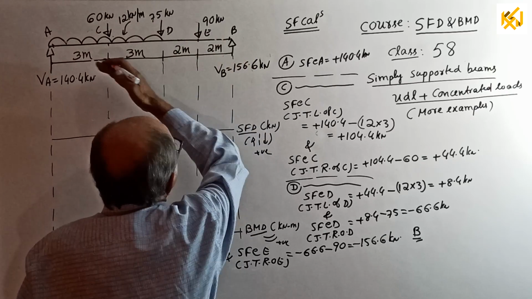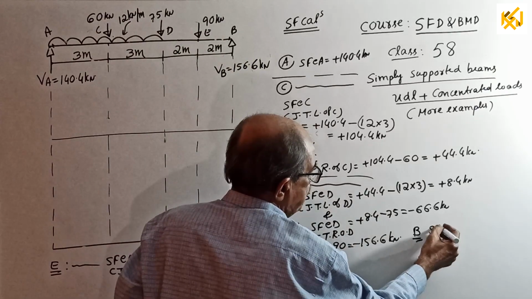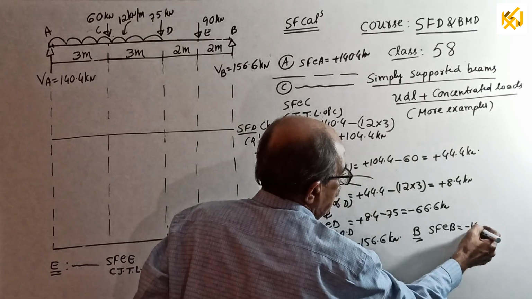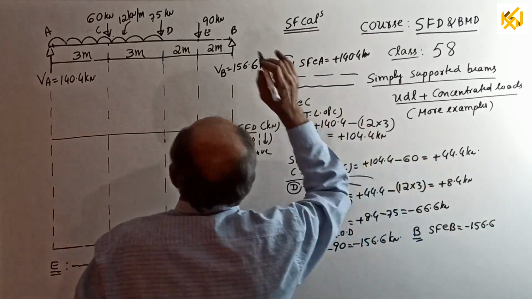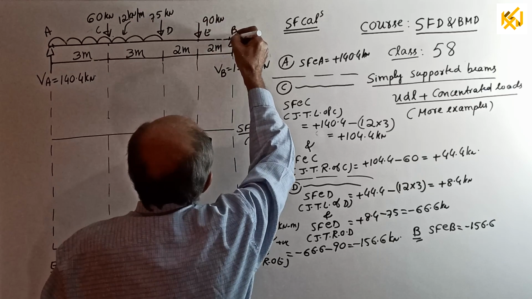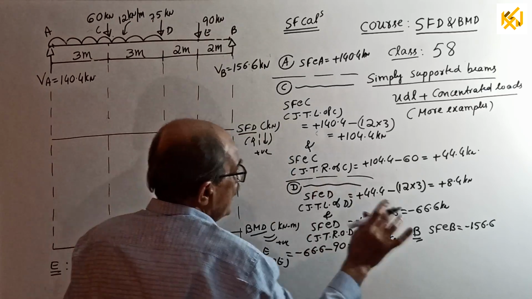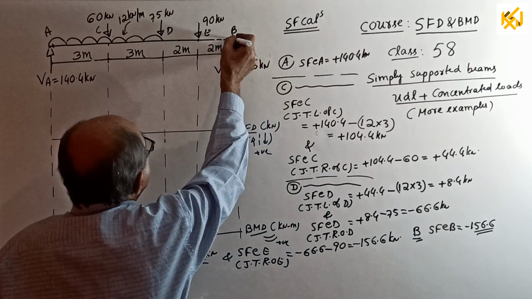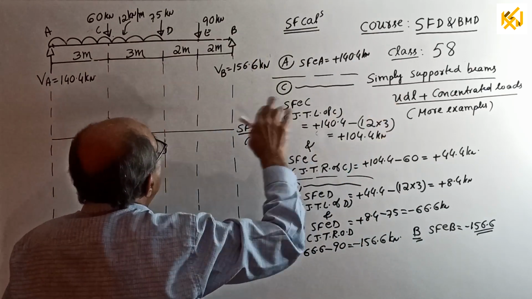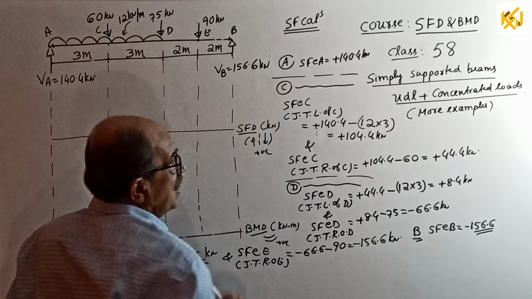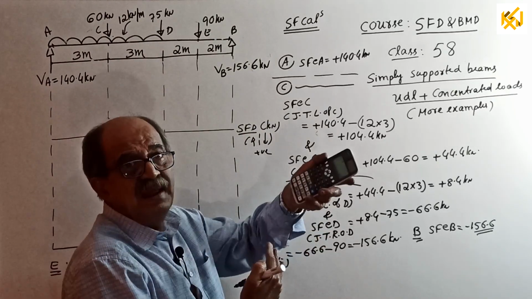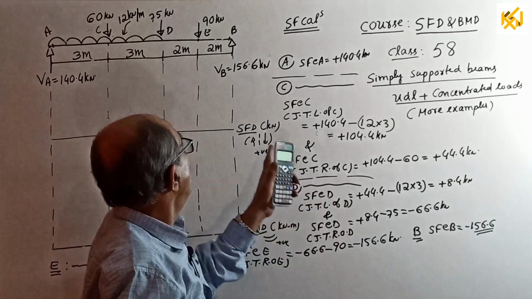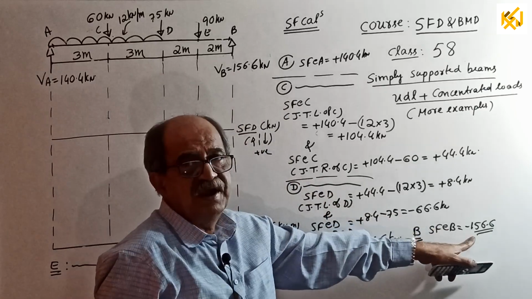Look this side. Shear force at B equal to previous value minus 156.6. After the previous point till this point, in between, nothing is there. That's all. Now, one check. When you come to just to left of B, if you look right side, see, up 156.6. Shear force is left side upward positive, right side downward positive. So, right up is negative, perfectly tallying.